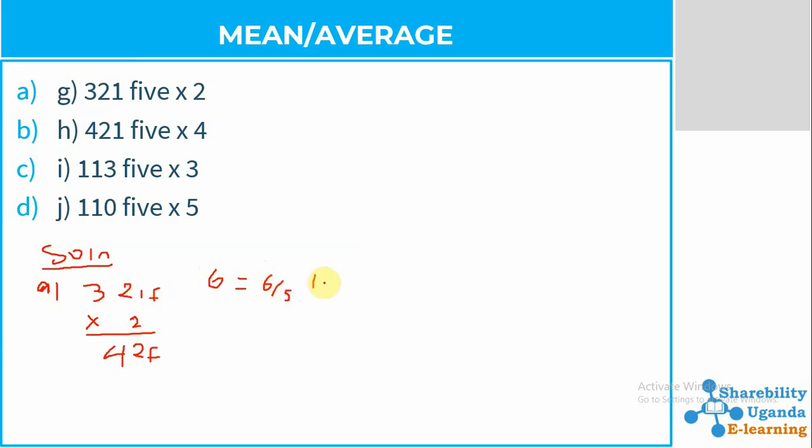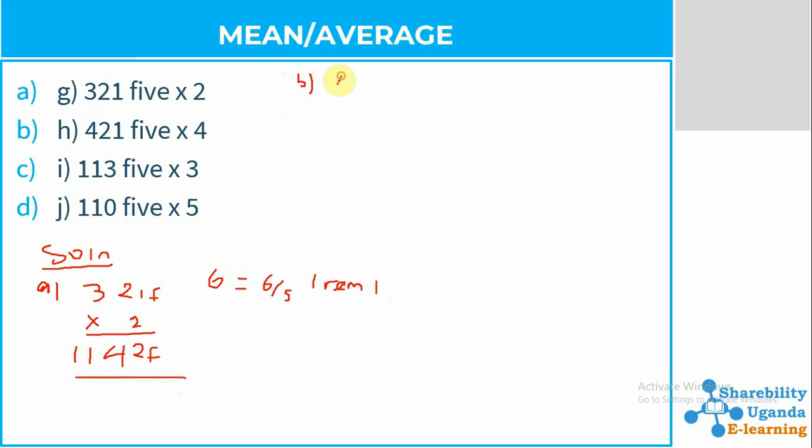We get 1 remainder 1. So that simply means we shall write our answer here as such. After writing our answer, we shall have done with that number.